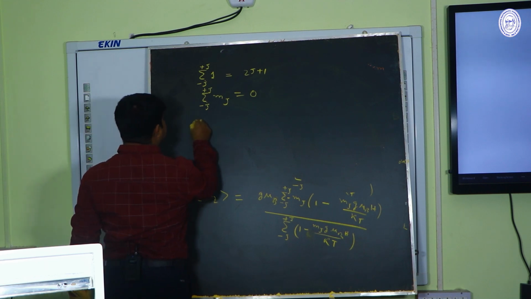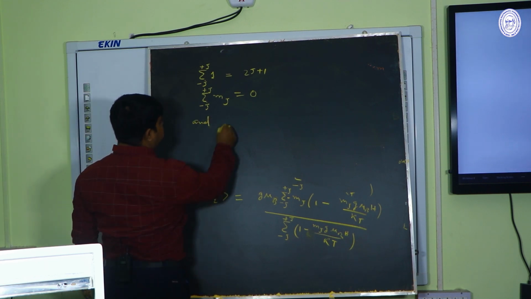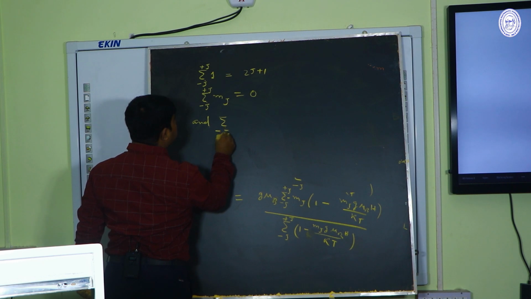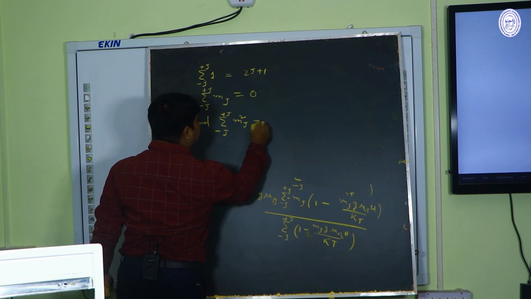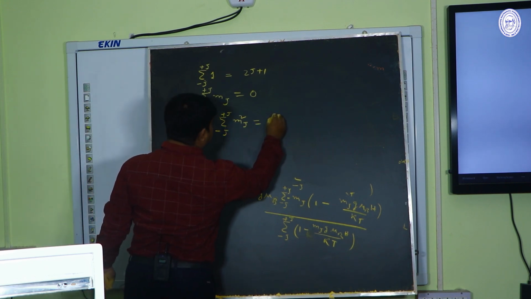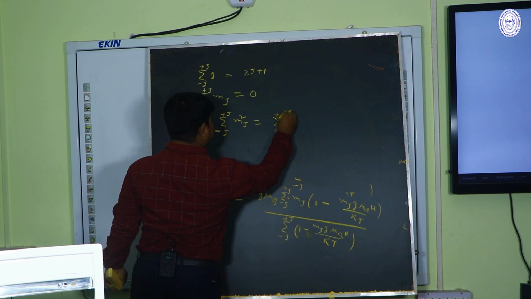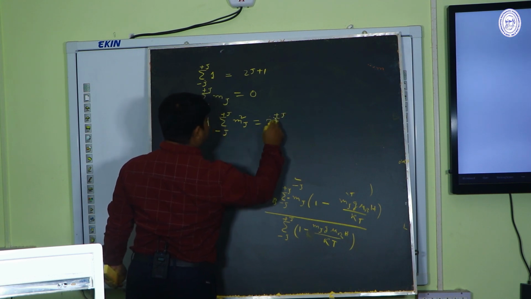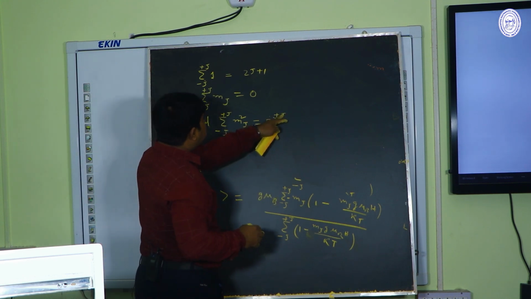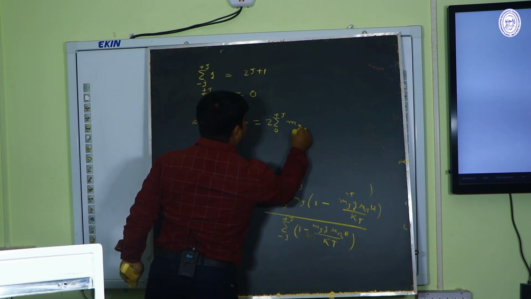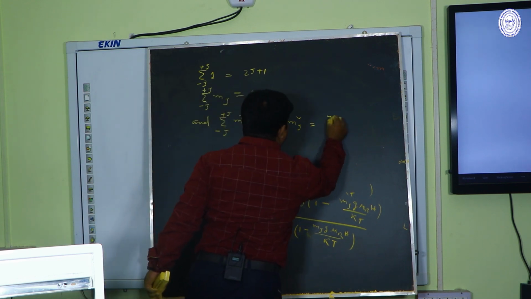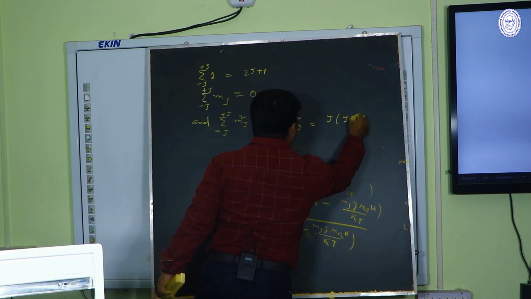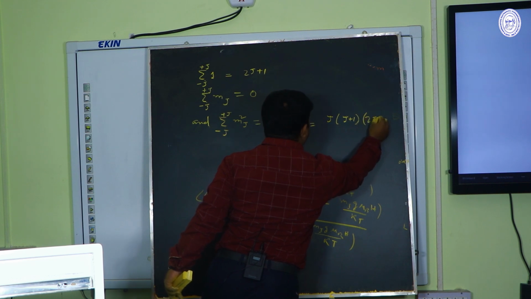And the summation of mj whole square is twice the summation from 0 to plus j, which is equal to j into j plus 1 into 2j plus 1 by 3.